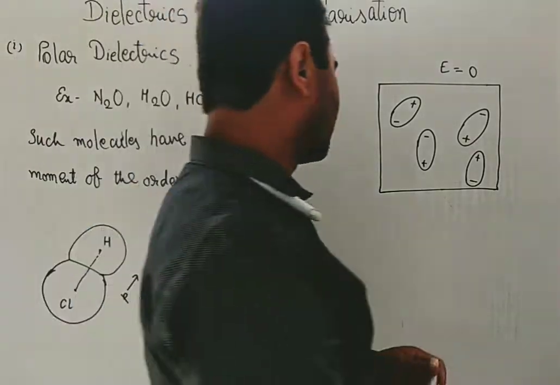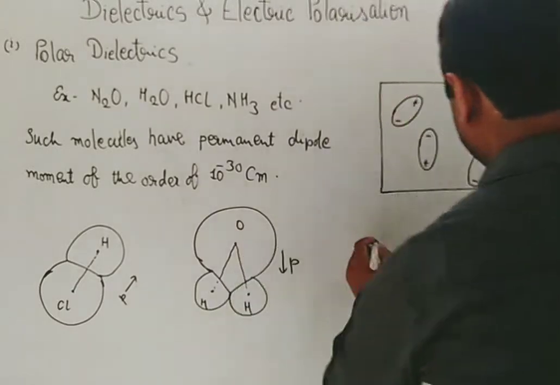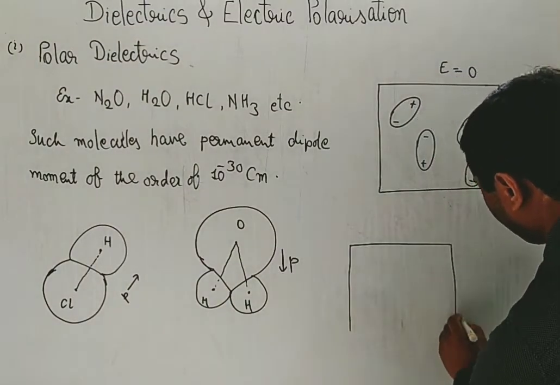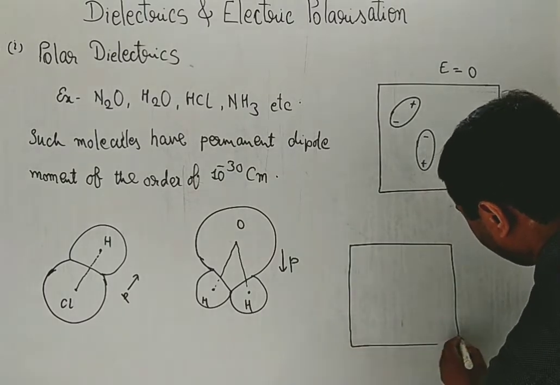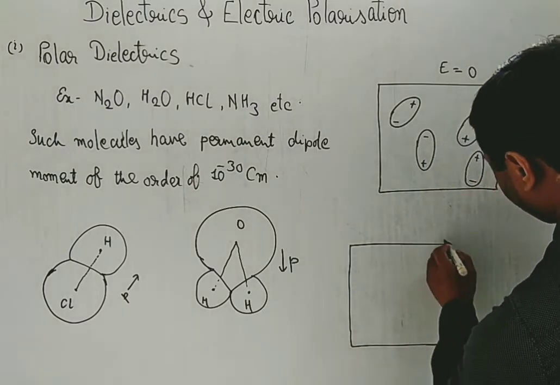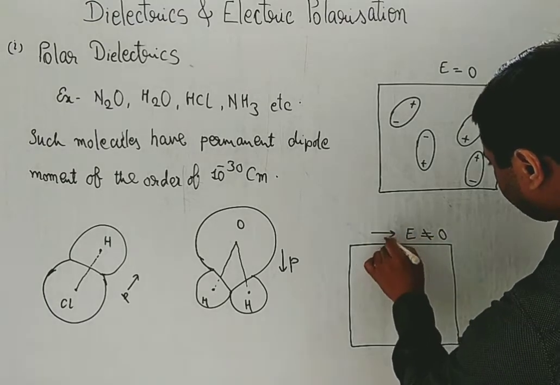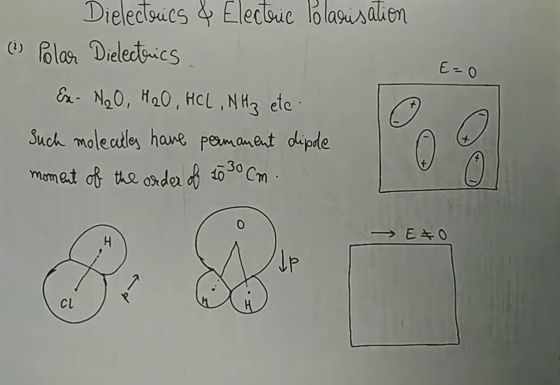So let's see how the specimen looks when it is kept in an external electric field. Here on the next diagram, the electric field is non-zero, that means it exists along this direction, left to right.